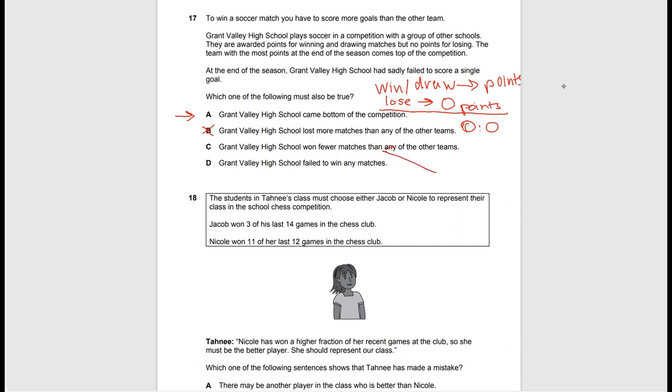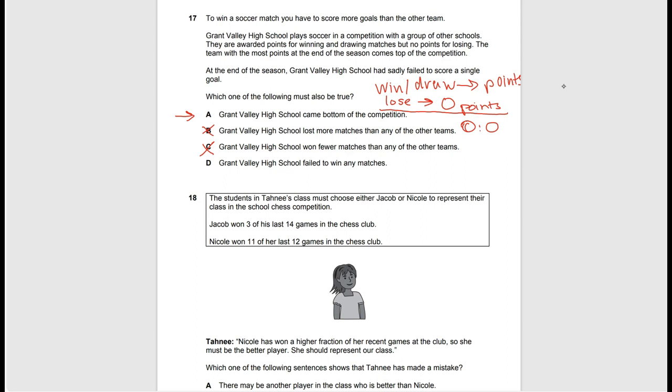Sorry, so even though they may have not won more, there might have been another team in the exact same situation as this school team, and both of those teams may have won 0 matches, basically. So let's say it can't be C, because another school might be in the same situation as Grant Valley.